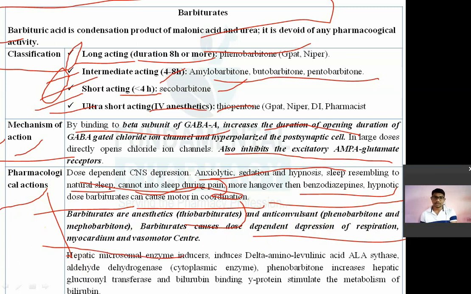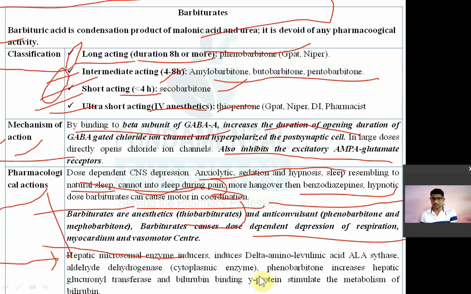Barbiturates are potent hepatic microsomal enzyme inducers. The enzymes in the liver that metabolize drugs will be induced, and their production will increase. So obviously, if other drugs are taken with barbiturates, their metabolism will be accelerated.